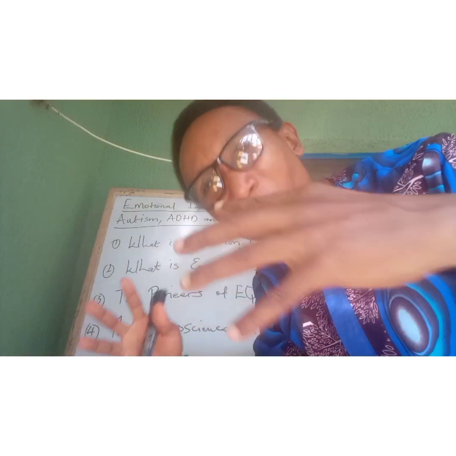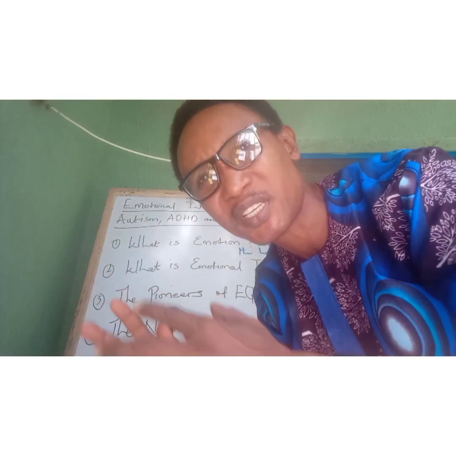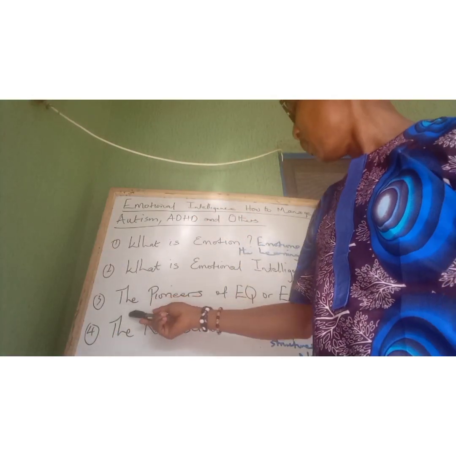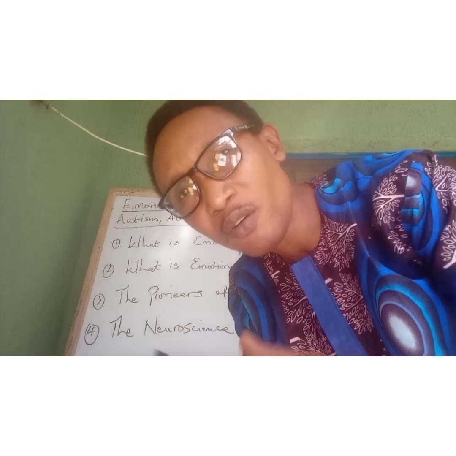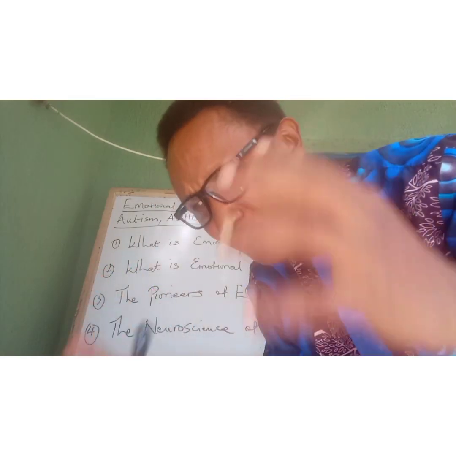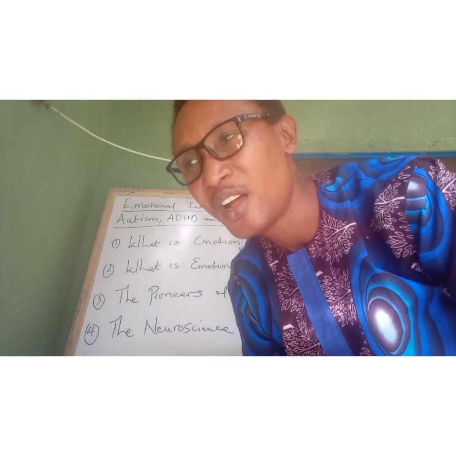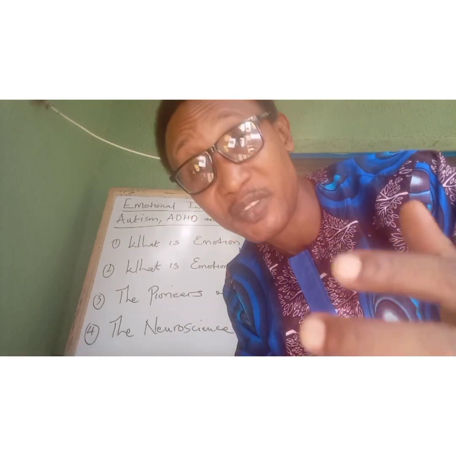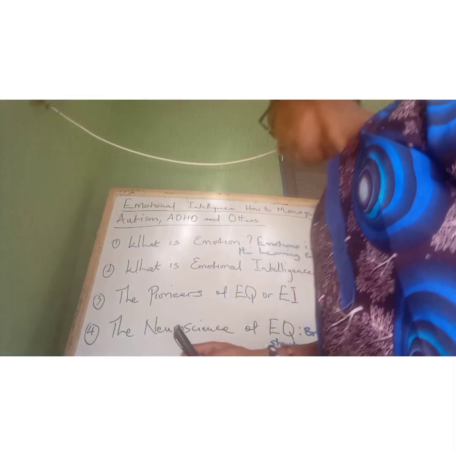The ability to manage your emotions appropriately is called emotional intelligence. And then who are the pioneers? One of the pioneers of emotional intelligence is Professor Daniel Goleman. He is the author of the best-selling book Executive Intelligence and others.